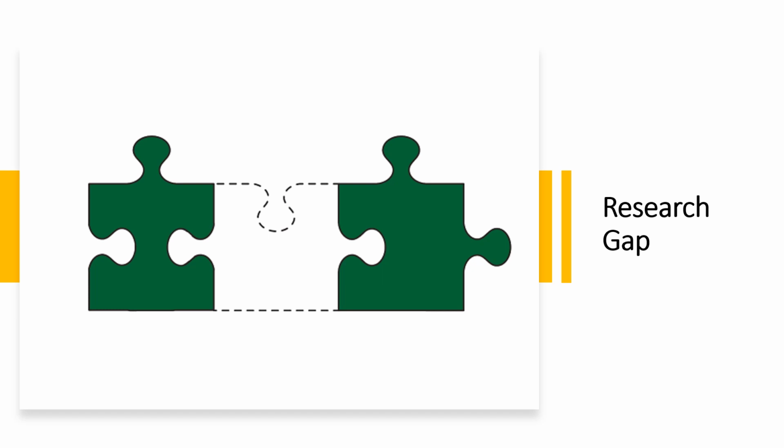So this research gap provides a discussion of what has been done versus what needs to be done based on the problem or the question that you have. So in your project proposal defense, you should prepare for questions like what is the research gap, and be ready to answer it based on the result of your synthesis of your literature review.